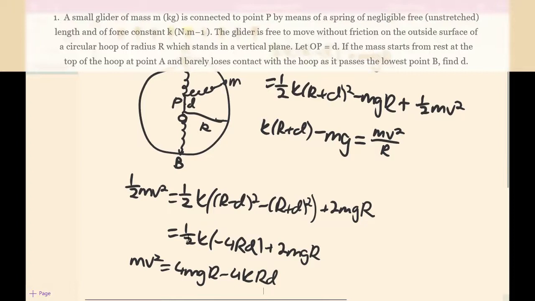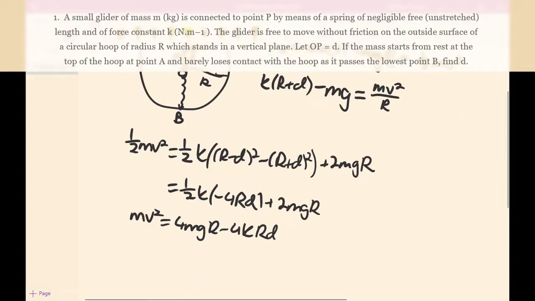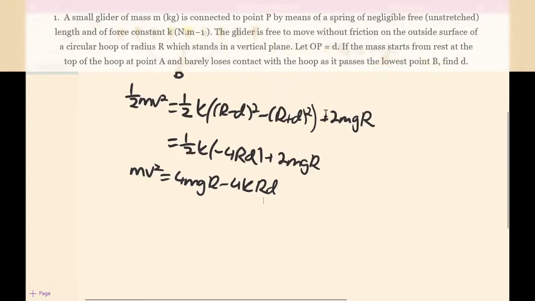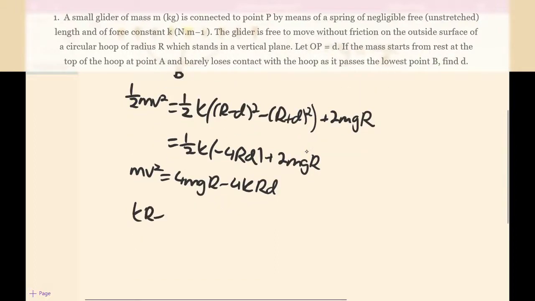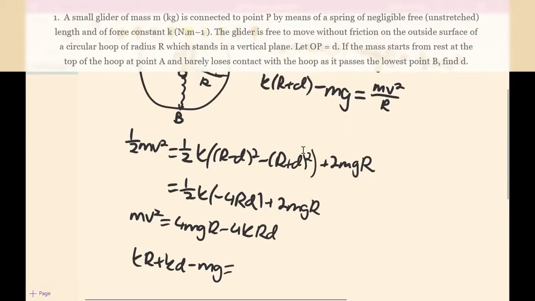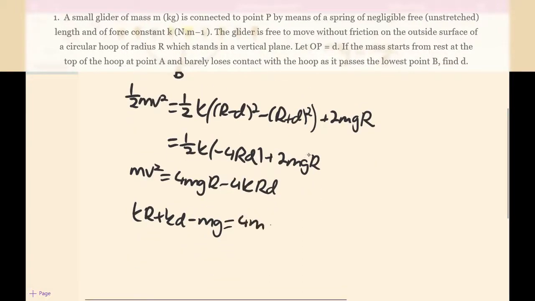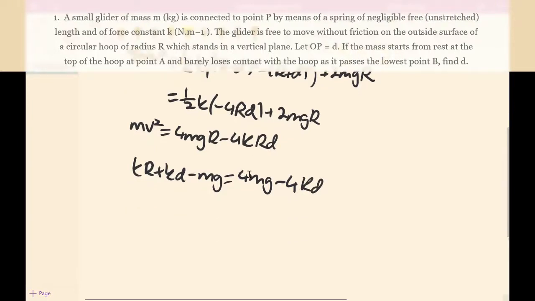So now we can plug this value for mv squared into the second equation, and we get KR plus KD minus mg is equal to 4 mg minus 4 KD. So this means that 5 KD is equal to 5 mg minus KR.